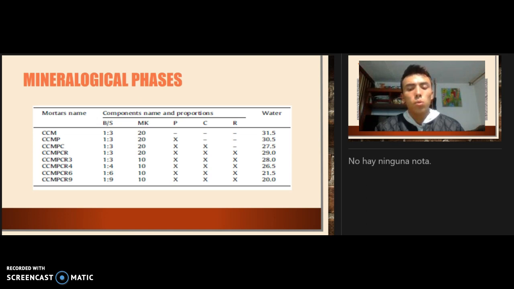In this table, we can observe the names of the mortars, the eight mortars, the sand-binder ratio, the percentage of metakaolin, and whether or not it has the presence of the perlite, the cellulose, and the polycarboxylate derivative, and the percentage of water.